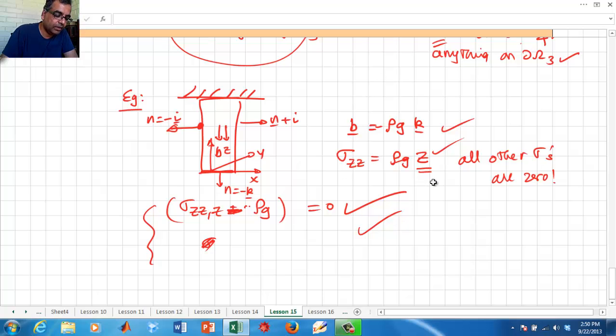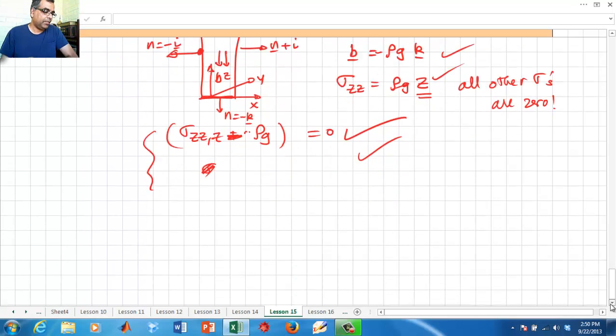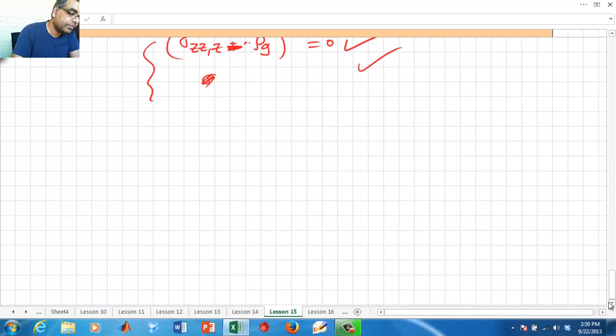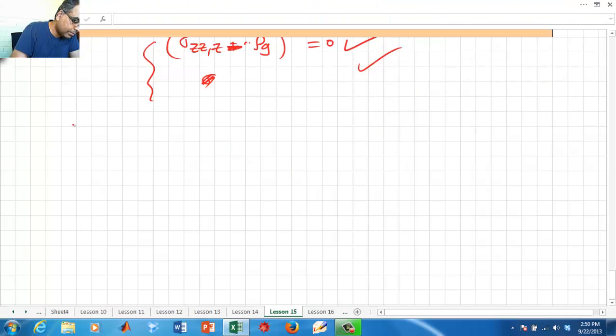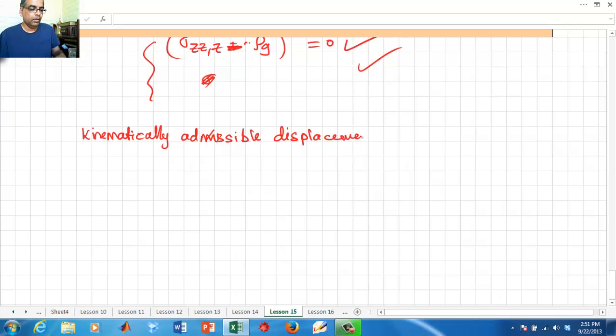Now next thing will be called a kinematically admissible displacement. So what's a kinematically admissible displacement? That's actually extremely easy.